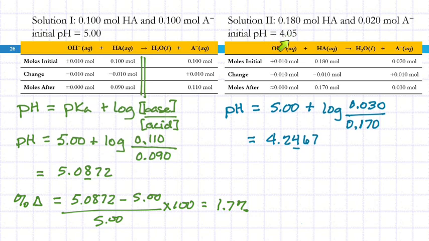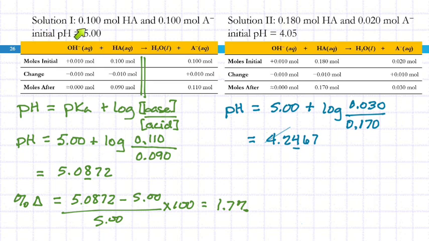This had an initial pH that was different. Why is that? Were the initial amounts of acid and base the same as they were over here? No, they're different. This one had more acid than base, and so the pH of the buffer is going to be lower than the pKa.